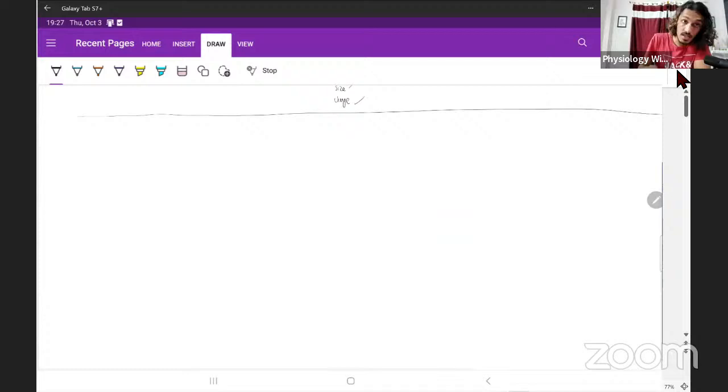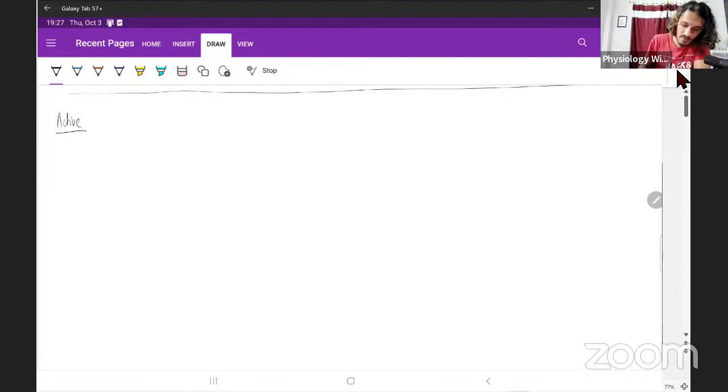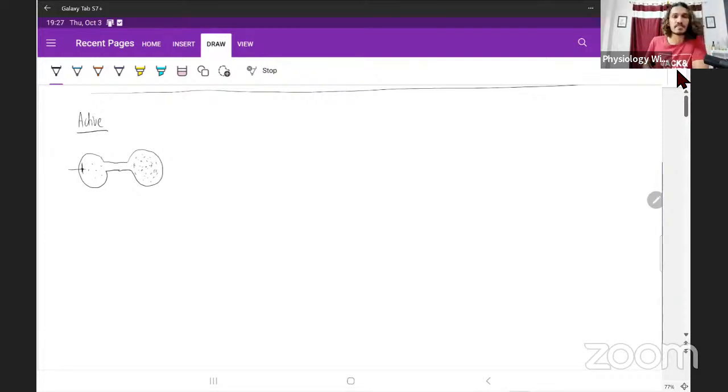Next is active transport. This is very important. So when we talk about active, unlike what we saw earlier, from an area of low concentration, it is moving to an area of high concentration, which means somebody has to push extra from this side.